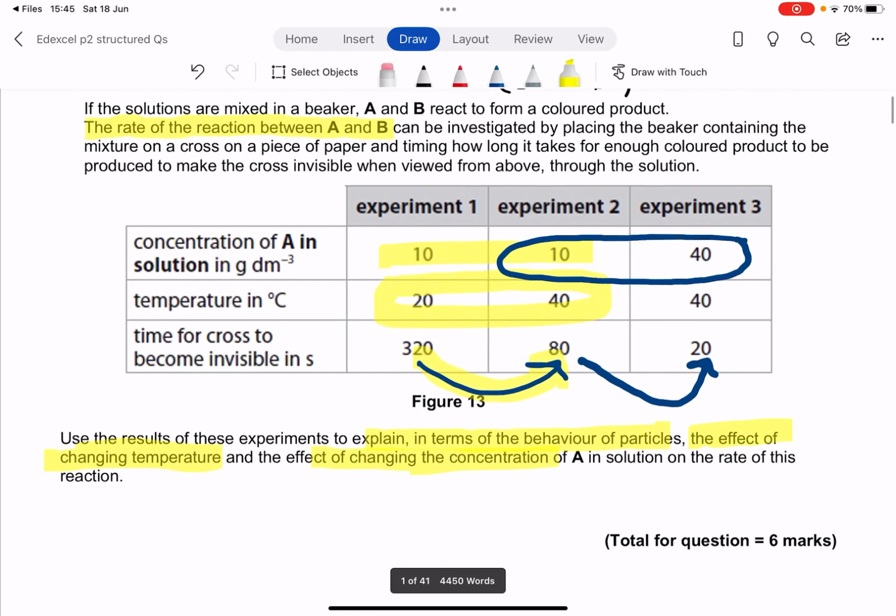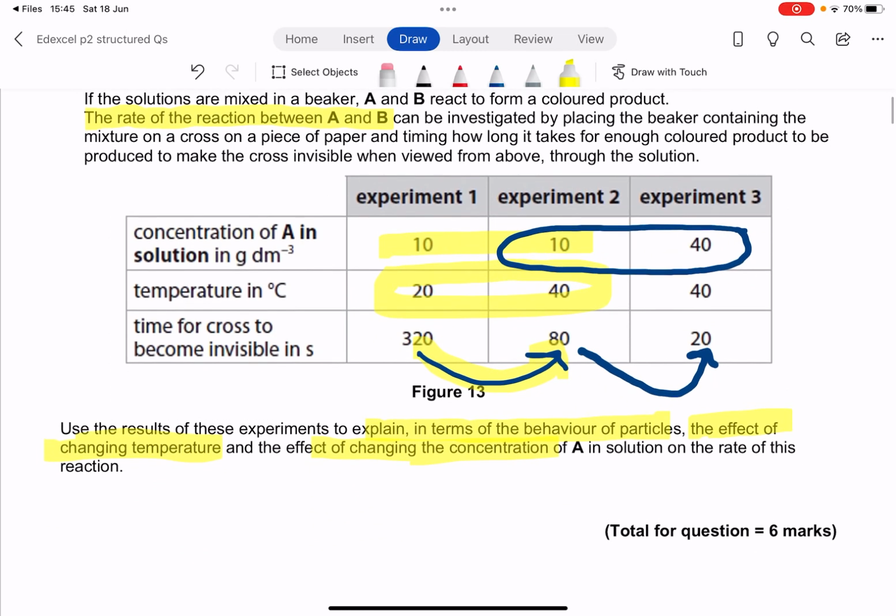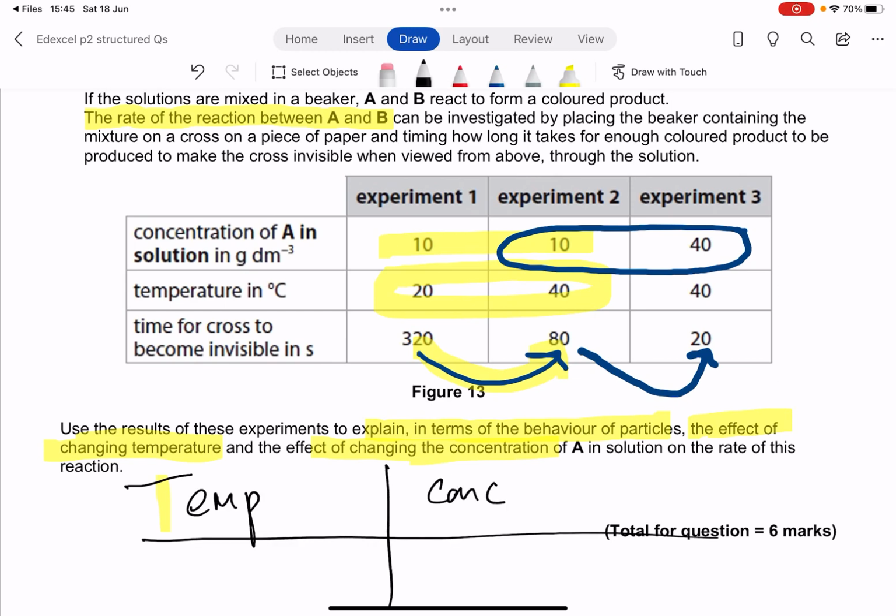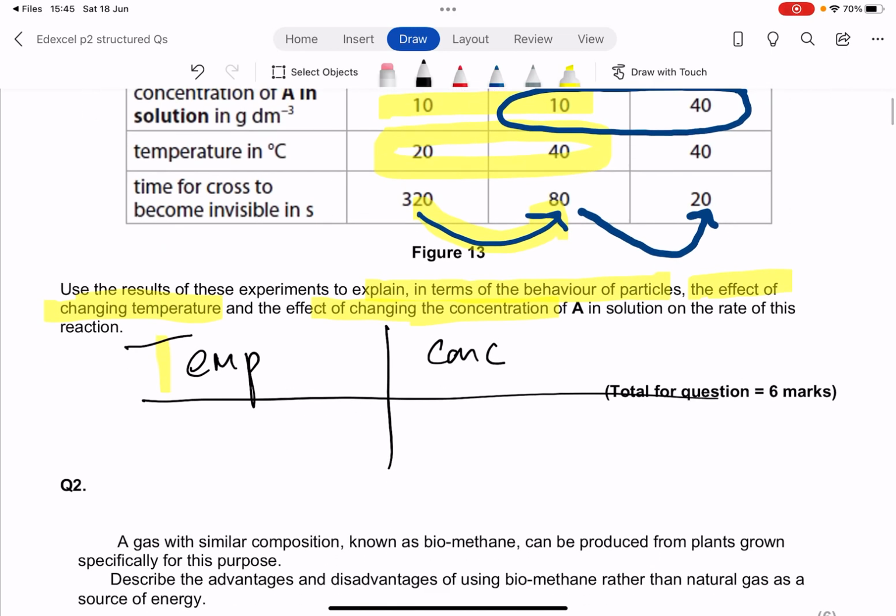So there are 2 key things we need to do here. For 6 marks, we've got to write in terms of temperature, and we've got to write in terms of concentration. For both, we've got to use collision theory.